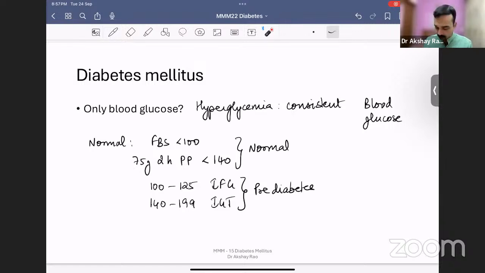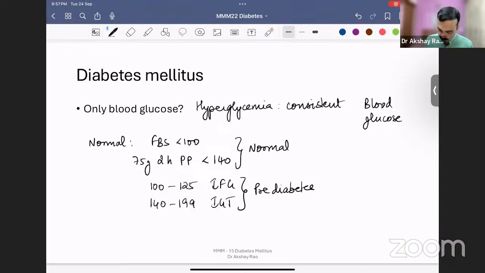It was noticed through studies that if the levels exceeded these, when the fasting is consistently above 125, that means 126 and beyond milligram per deciliter, or if the postprandial 2 hours after 75-gram glucose is 200 or more, then such individuals went on to develop complications of diabetes. That is why these values were arrived at.